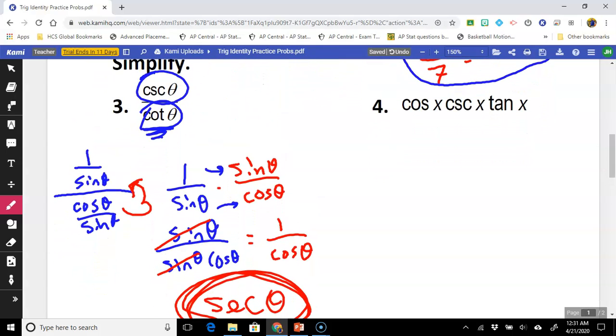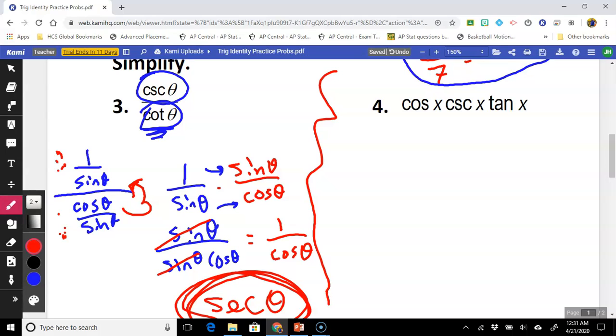All right, so I know that's pretty involved, but just recapping, we're going to get everything in terms of sines and cosines, and then we cancel out the parts that will cancel out, we multiply what we can together, and we go with it and simplify. So let's take a look at this last one, and hopefully we can apply these concepts a little further. First off, cosine of x is already in terms of cosine.